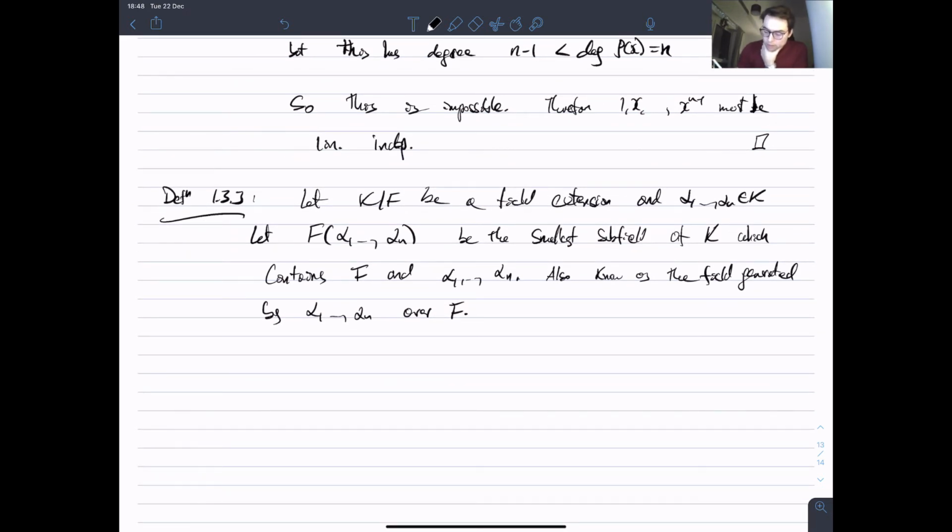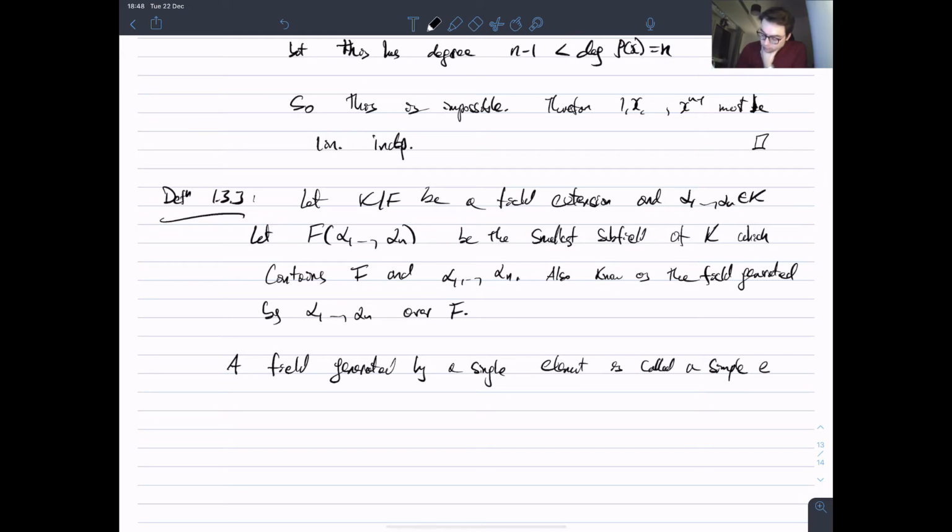If we're in a special case where we just take one of them, then we give this a special name. We call it a simple field extension. So a field generated by a single element is called a simple extension. So I've just, instead of having n things, I only have one thing.